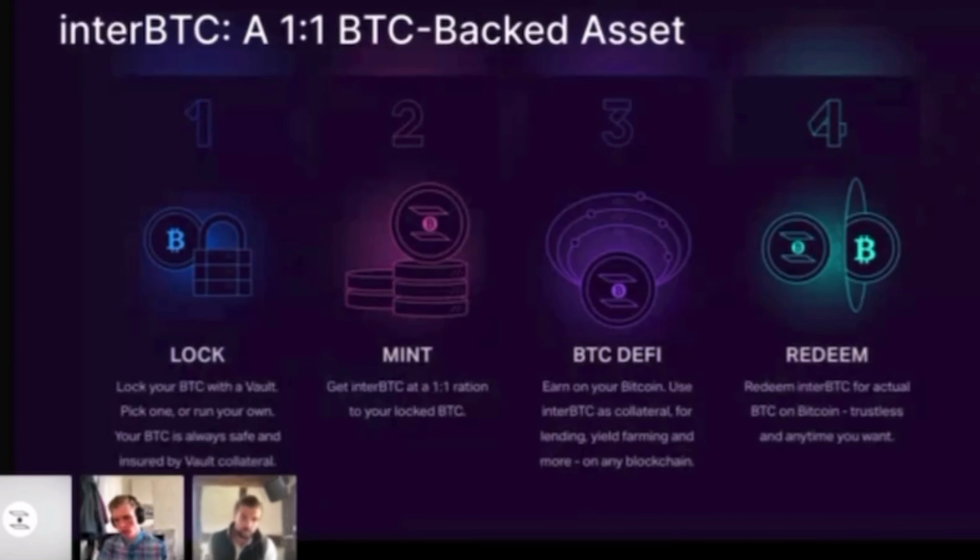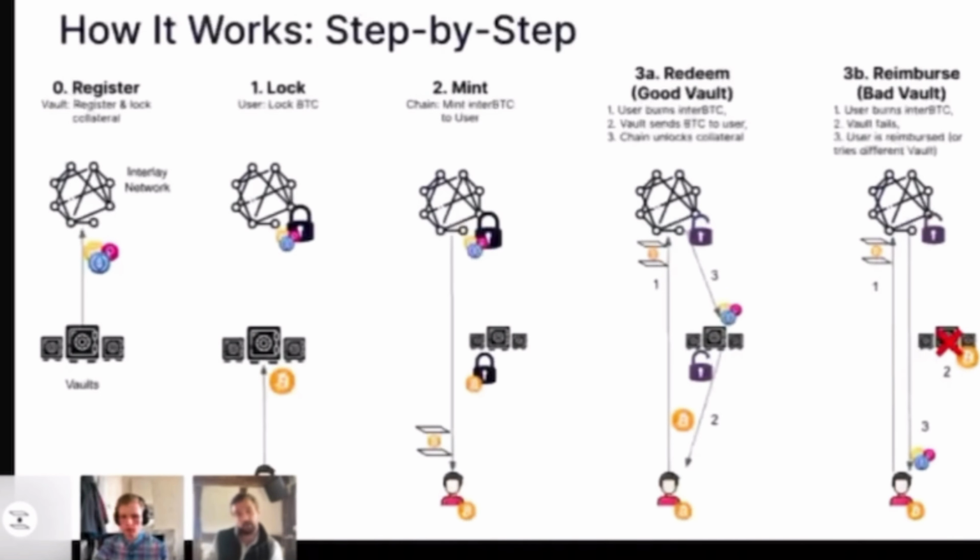Let's go into a bit more detail as to how this actually works and how vaults are involved in this particular process. So, for example, if you want to lock, say, 1 Bitcoin within a vault, the vault has to put up 150%. In this instance right now on Kusama, it's 250% of the value of the Bitcoin in KSM as collateral.